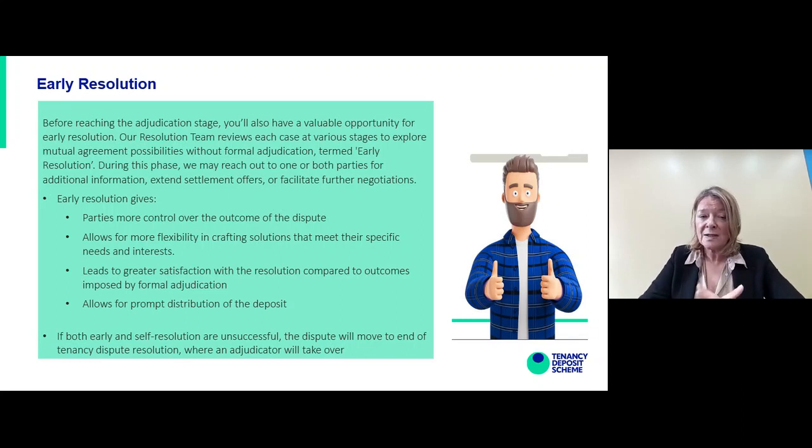But before it does, you'll also have a valuable opportunity for early resolution. This is where our resolution team, at various stages of the process, will explore mutual agreement possibilities before you go to full adjudication. This is termed early resolution.